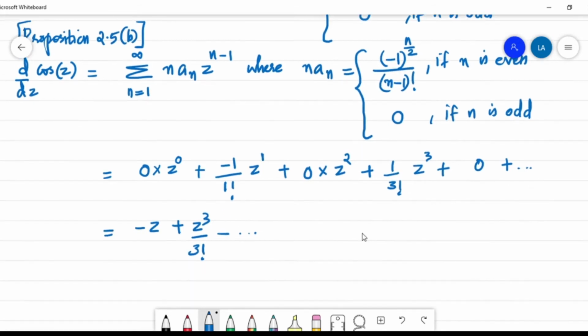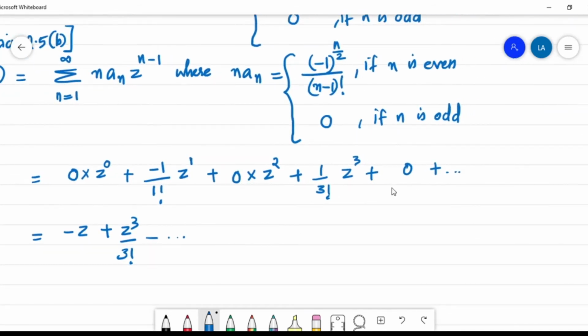So if you are thinking about the next term, to be very precise, this will be 5 into a5, right. So the next will be 6 into a6. So 6 is even, so 6 by 2 will be 3, minus 1 the whole cube will be minus 1.